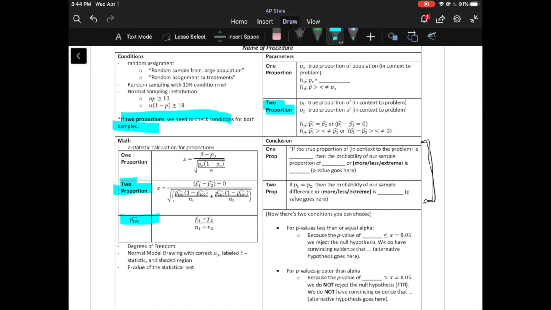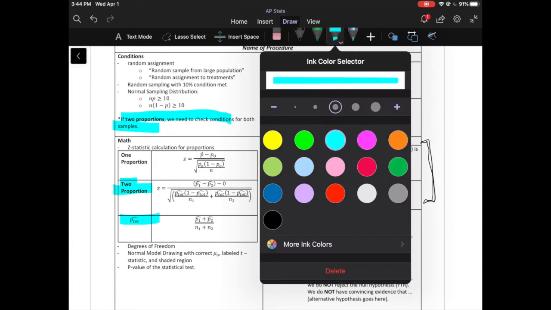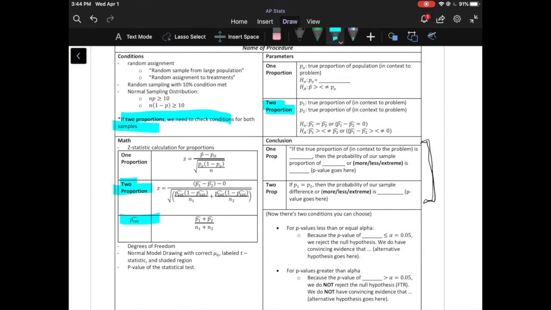You have to do P1 for one of your groups, P2 for your other group. And it's very similar to what we did with our two-sample means t-test, where we have P1 equals P2, or P1 is less than, greater than, or not equal to P2. And these are all P1 hat, P2 hat, etc.